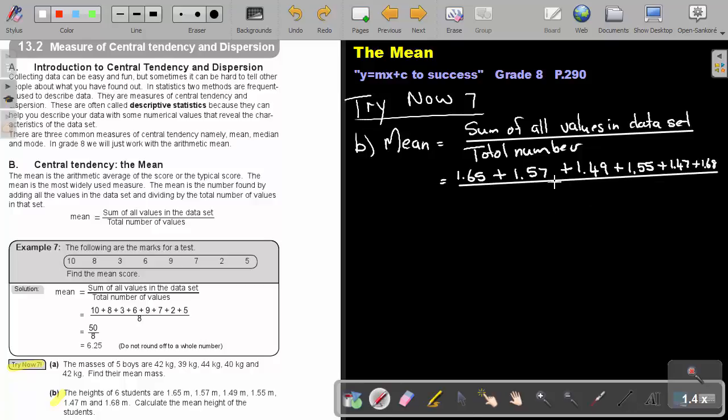There are 6 numbers. Okay, so if I add it up, I get 9.41. If I divide it by 6, I will get 1.57. And that will be an indication of my mean.